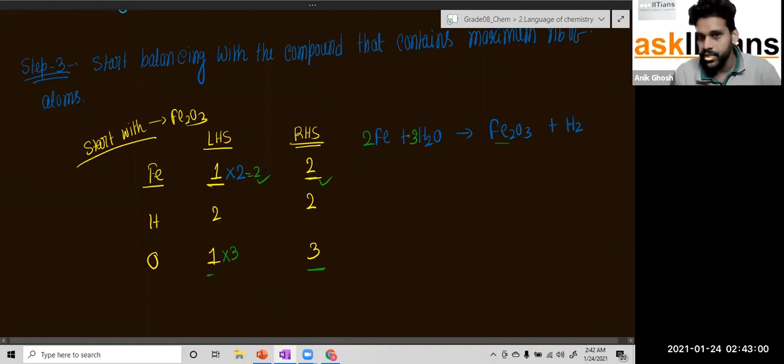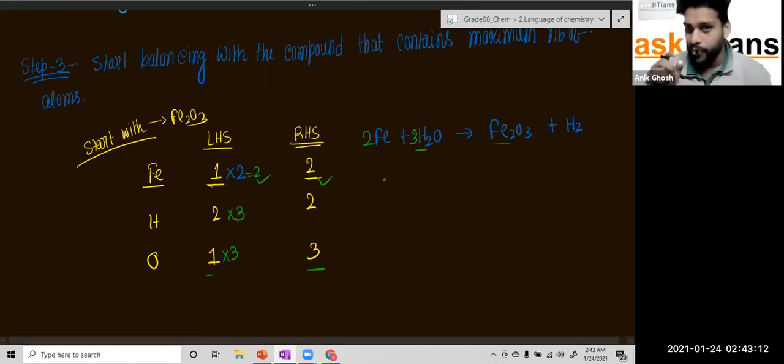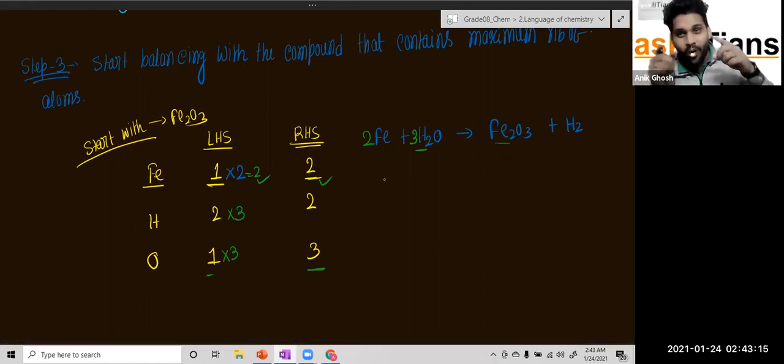But in order to do that, 3 is also getting multiplied with hydrogen because we cannot help it. That is an overall compound. If I need to add 3 for the oxygen, hydrogen is automatically getting involved. But that is not a big deal. That is what I'm trying to tell you.